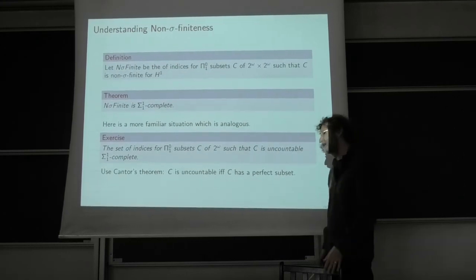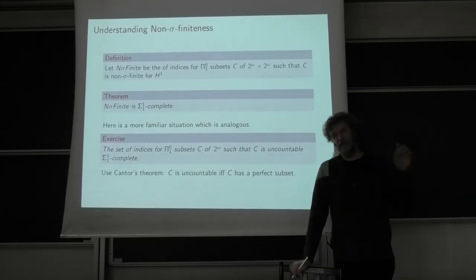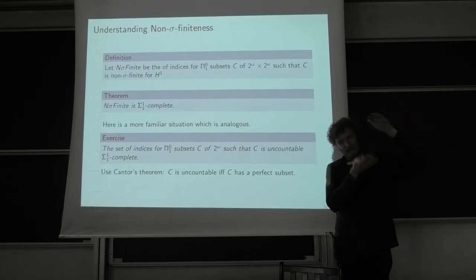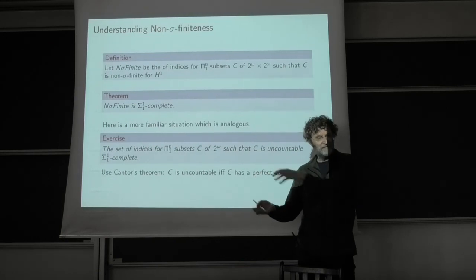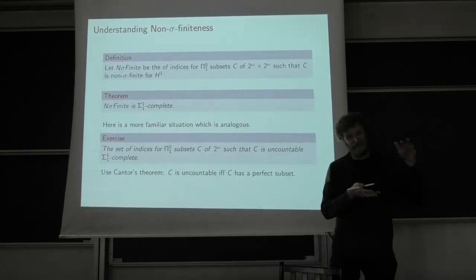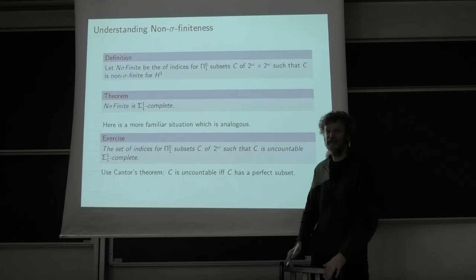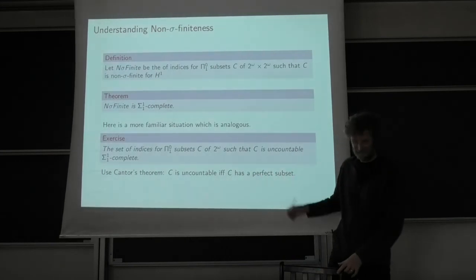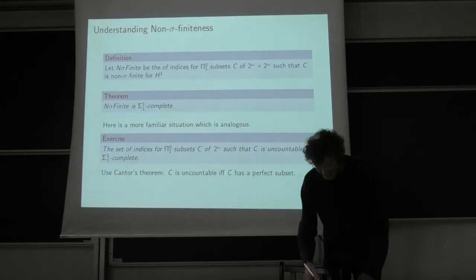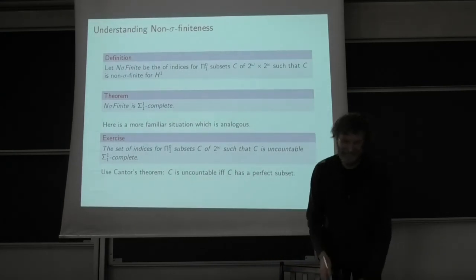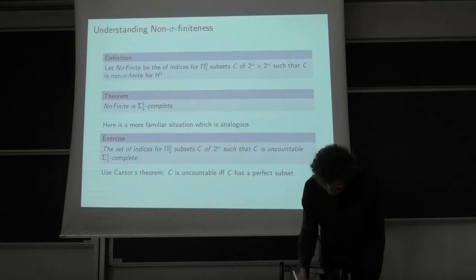And then you have to show that there is a computable map that takes you from sigma 1, 1 sentences to descriptions of closed sets, so that the sigma 1, 1 statement is true if and only if the closed set is uncountable. That's the hardness part. That's one of the hard exercises. But you can do it.